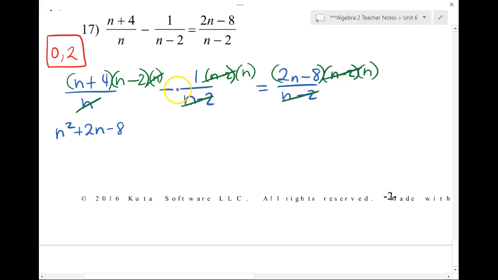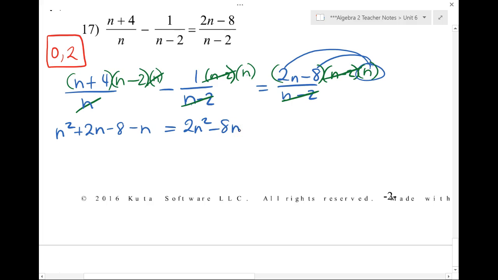Then this next one is minus 1 times n, so that's just minus n. And then equals, here I've got n times 2n minus 8, so I've got to distribute this n. So now I'll have 2n squared minus 8n.